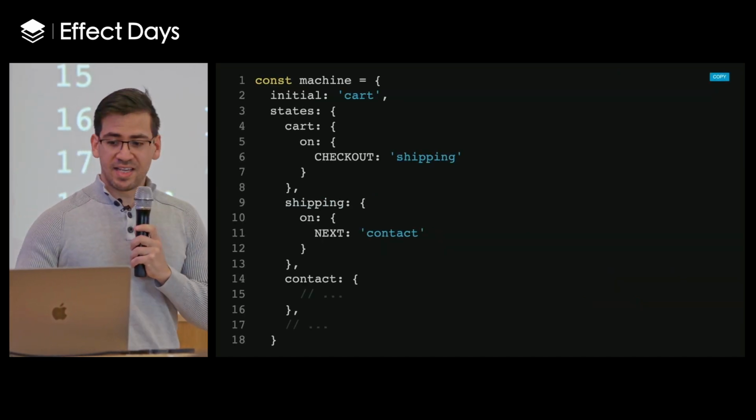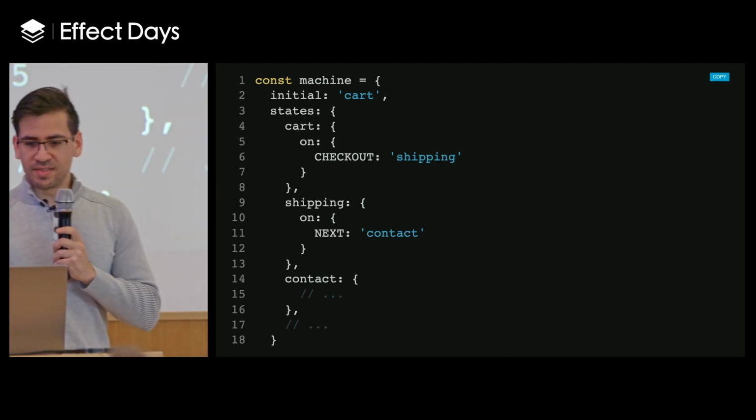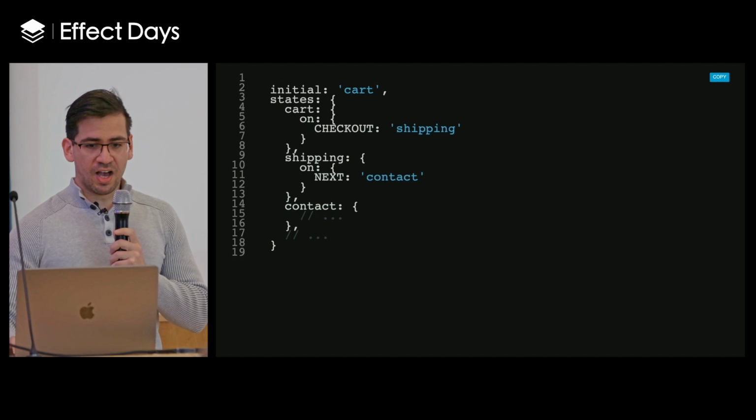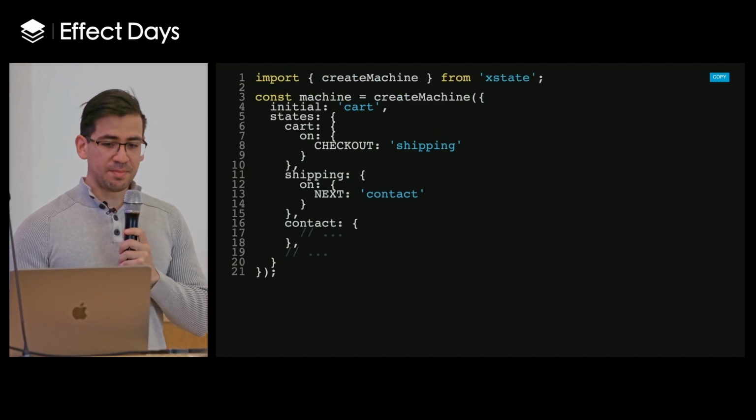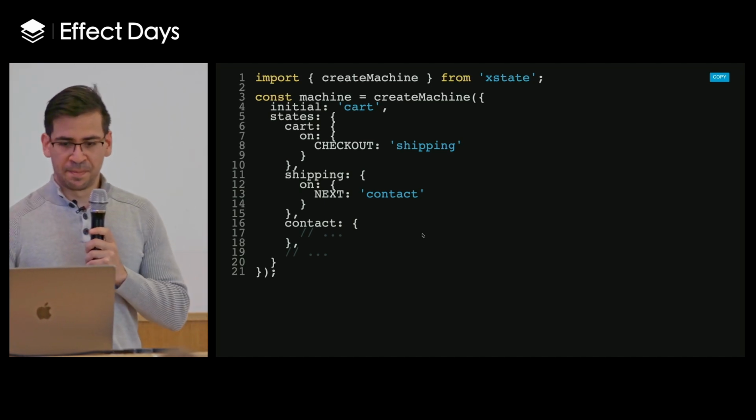Now, XState takes this to the next level, but it also keeps a lot of things the same. So instead of having just a plain object, we just wrap this in createMachine. As you can see here, it's pretty much the same structure.